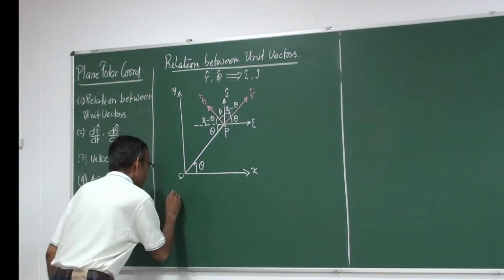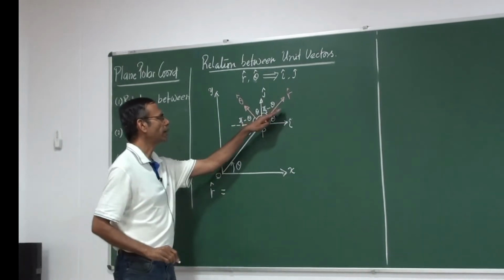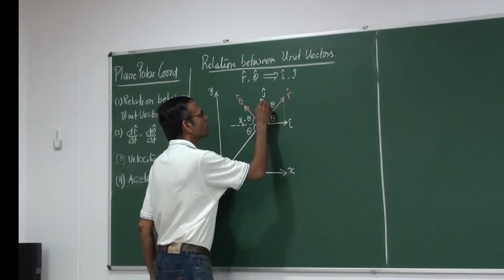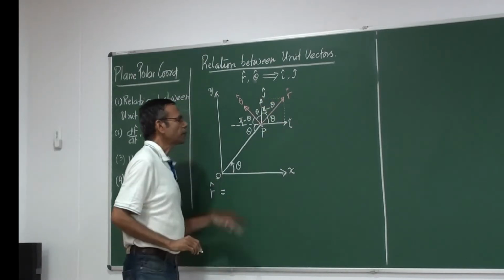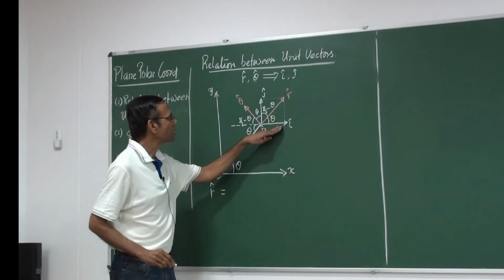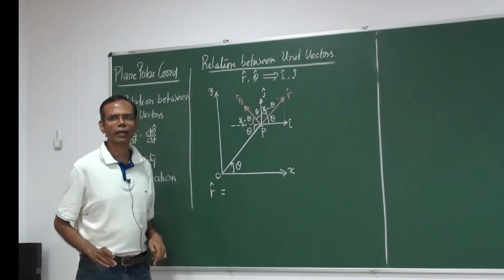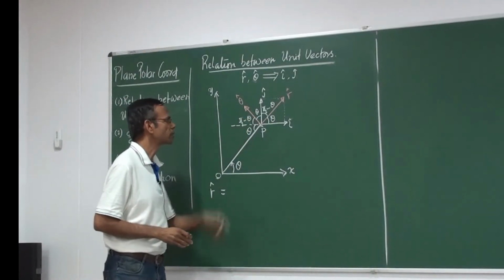So let us write. R cap is equal to r cap. Now, here what I will do, I will make a rectangle like this, and the i cap and j cap, both the components along the r cap direction. That is what the r cap will be, because all are unit vectors.